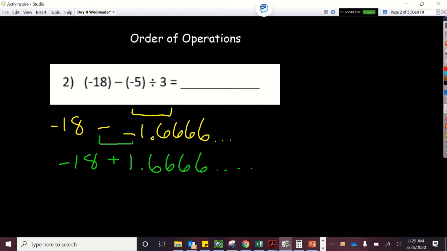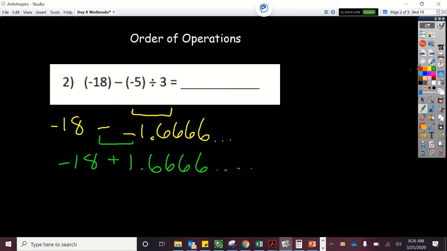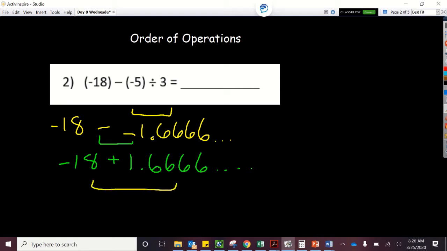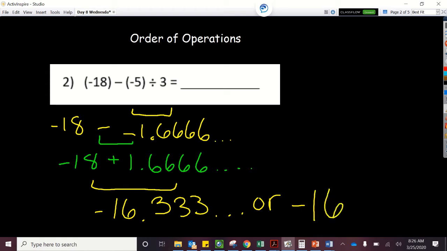And if you add that to the negative 18, and I'll switch colors back for this last step, that would give you a final answer of negative 16.3 repeating. Some people did that 3 repeatedly to show that it was repeating. Some people, you really couldn't do the bar by typing it in Word, so some people did negative 16 and they realized that 0.3 repeating is a third, so negative 16 and a third.